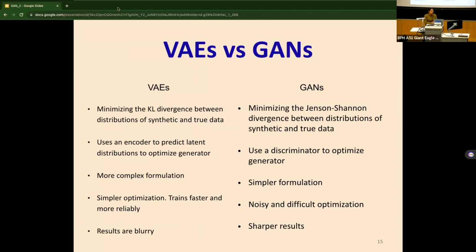So it's obviously a more difficult optimization problem compared to VAE, which is simpler and faster in training. But the trade-off is how good you want your results to be. It's perfectly fine if you want blurry results, but really quick ones, and simpler optimization problems, in which case you can go for VAEs. But GANs are known to beat them and be far better because the results are much sharper.